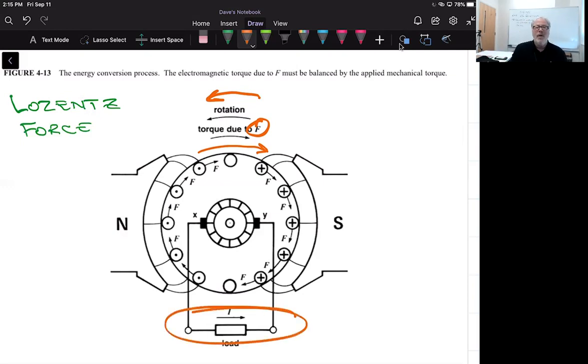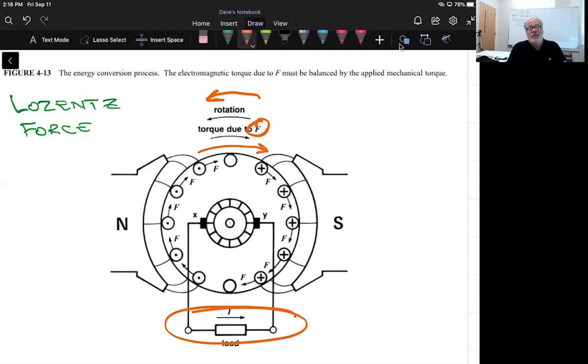That's the fundamental idea about how energy is converted from one form to the other. And remember this, and it's key to all of the electrical machines that we talk about: there's a medium that was used to allow this energy conversion process to happen, and that medium was magnetic flux.